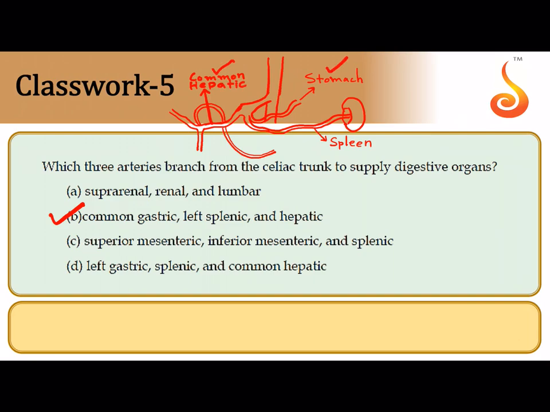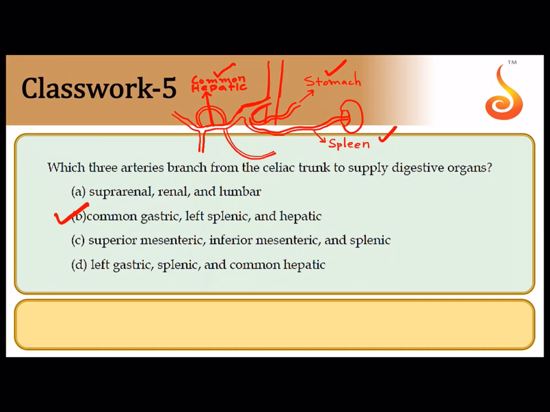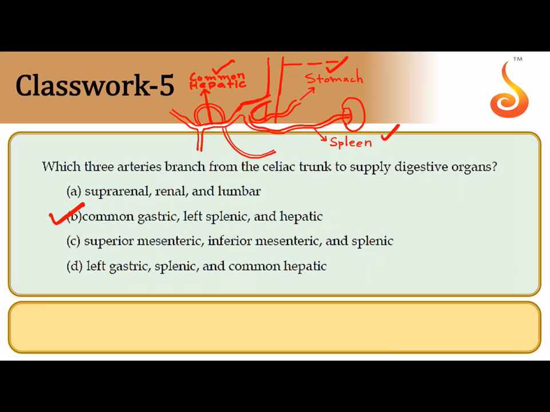So liver, stomach, and spleen. The dorsal aorta in your chest continues down as the abdominal aorta, and that branches off into this small branch, and this small branch is called the celiac artery.